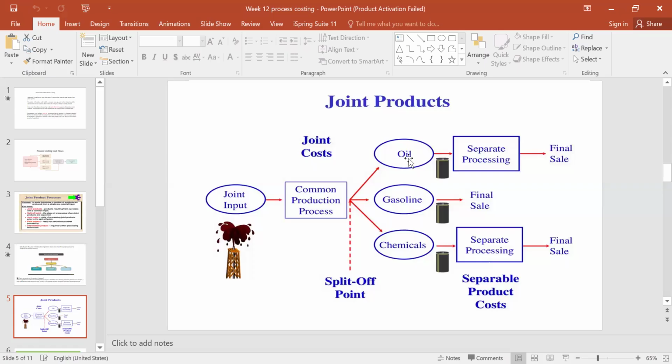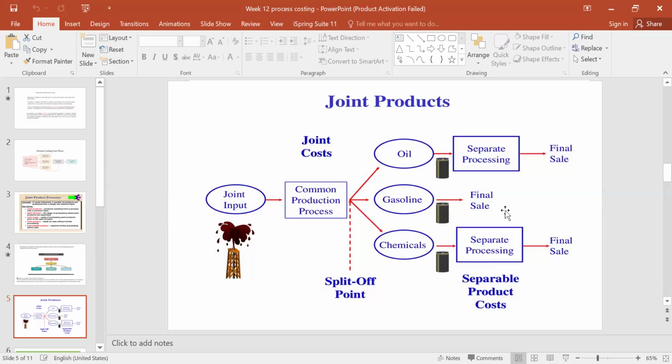After recognizing these products, some products need further processing before the final sale. This process is called further process.